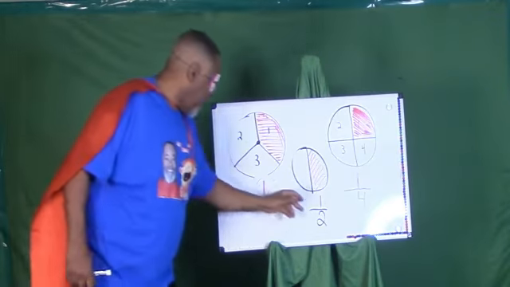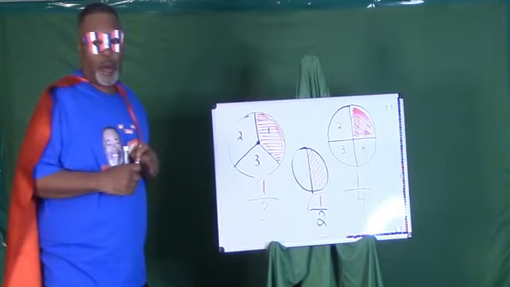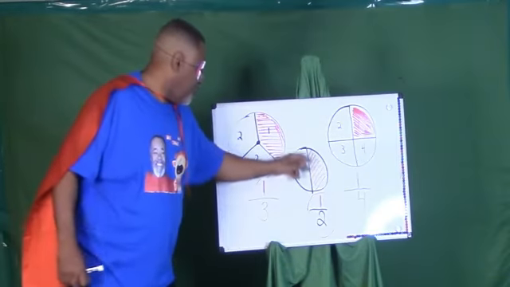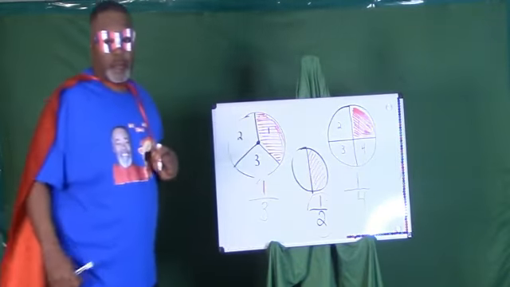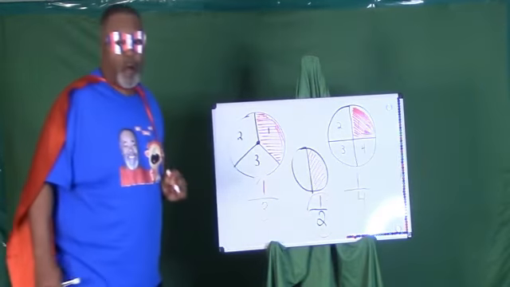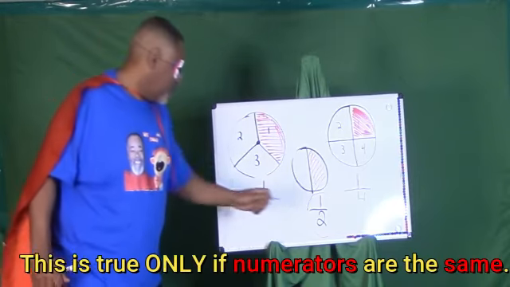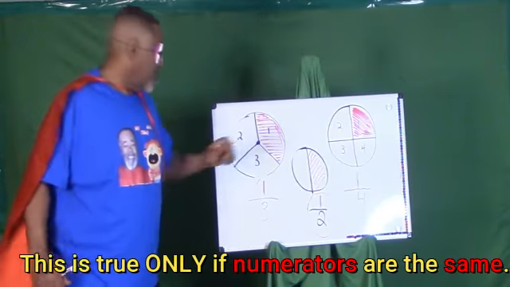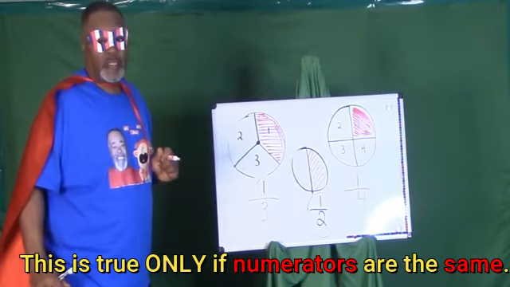That's right, 1/2. Because if you look at the shaded part, it looks like it's more shaded than 1/3 and 1/4. And the denominator is the smallest number. So like I said, the smaller the denominator, the largest slice it looks like, the largest part is shaded.